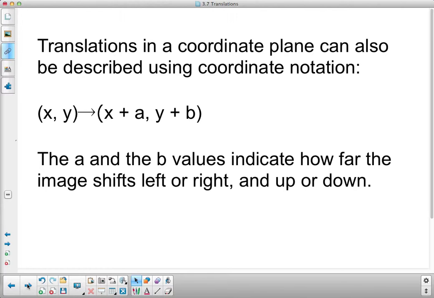We'll put some numbers in here with the A and the B. This notation tells us how far to shift the figure: how far left or right or up or down. Do A and B have to be the same number? They don't have to be, because I could shift the figure 1 unit to the right but 10 units up. So the A and the B could be different numbers.